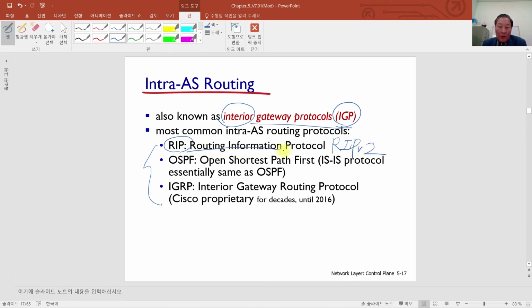RIP, the routing information protocol, is the basic one. At the beginning of internet technology it was used, but the maximum number of routers we can go through is 15. Thus we cannot use this one anymore. Instead we are using this one.